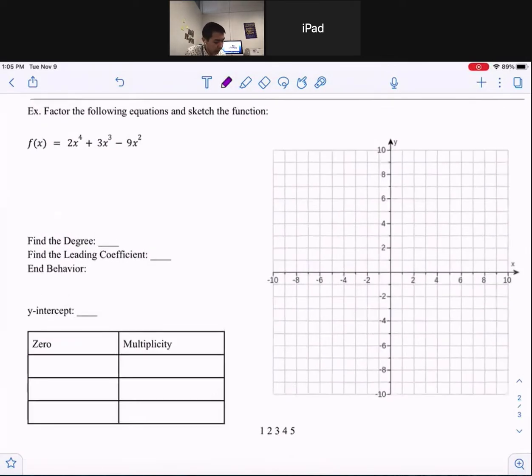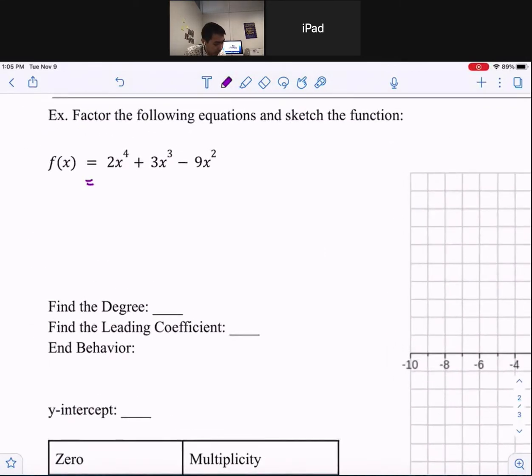Okay, last one here. We can factor out x squared from all of them. So 2x squared plus 3x minus 9. Now, it's an a greater than 1 case. So that means we have to factor this trinomial by grouping. -18, 3, 6, -3. We have to use these 4 terms for our grouping.